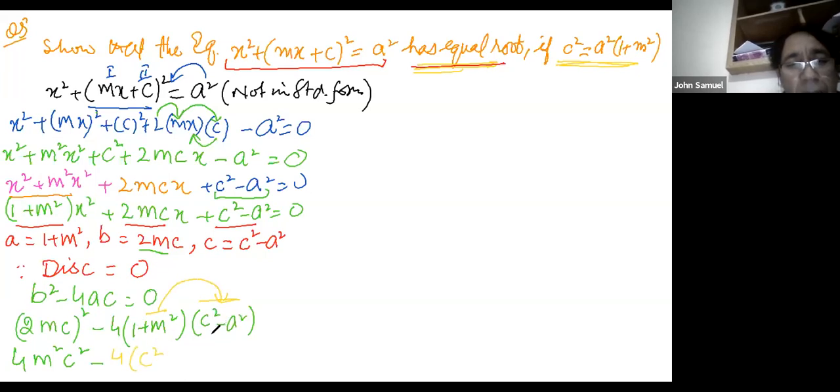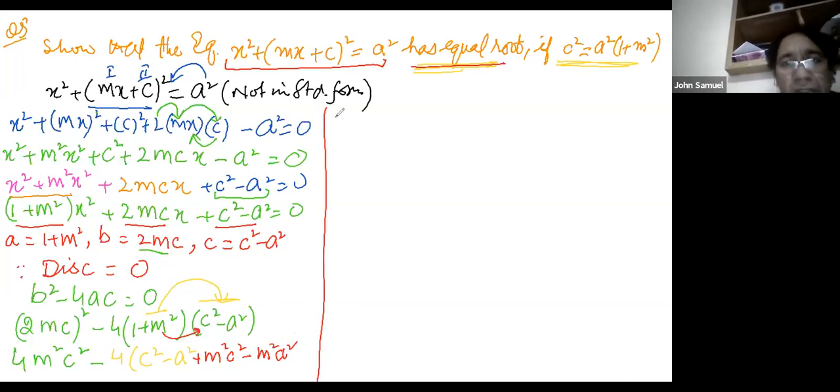Minus 1 multiplied by minus a square will get the same. And then we will multiply m square with this one. We will get plus m square c square, then minus m square with a square will get m square a square. Hope you are getting it, my dear student.